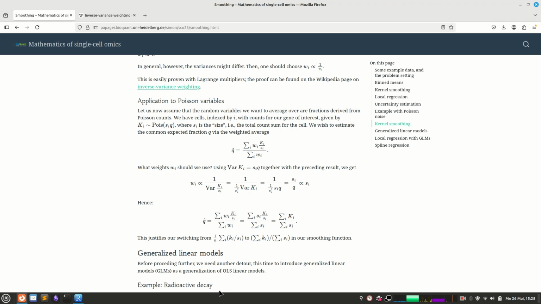And the ordinary least square model, of course, depends on the idea that our noise is normally distributed, but now it's Poisson distributed. So how can we modify ordinary least square such that we can account for the fact that our noise distribution is not normal but Poisson?